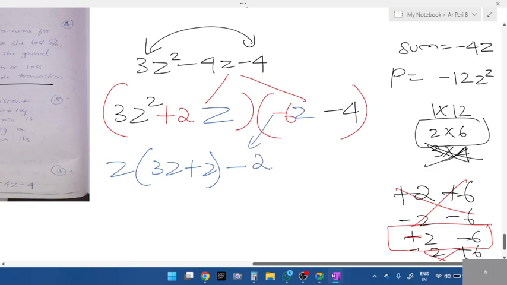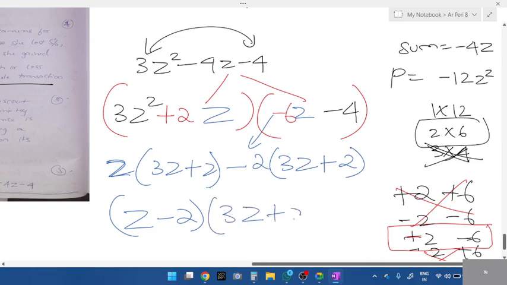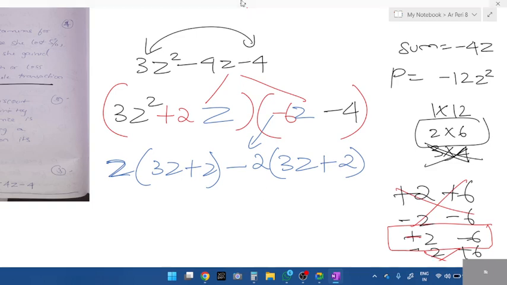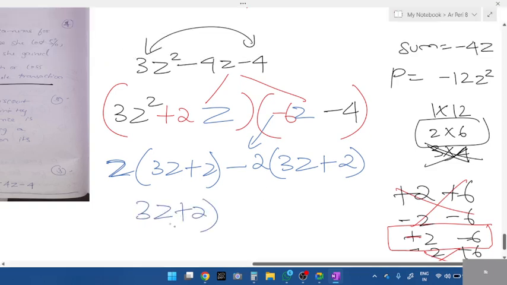Again, 2 is common. What do you get? 3z plus 2. So z minus 2 into 3z plus 2. Or you can write the bracket one first. Bracket is common. Nothing else is common, only the bracket value is common. 3z plus 2 into z minus 2 is the answer.